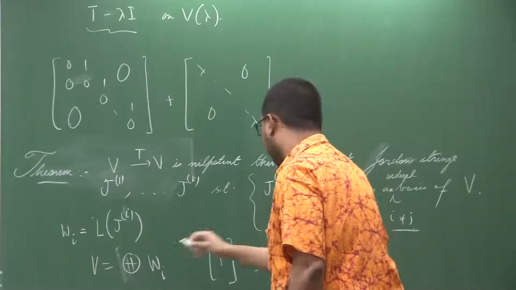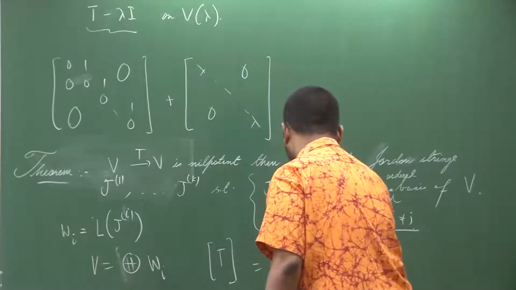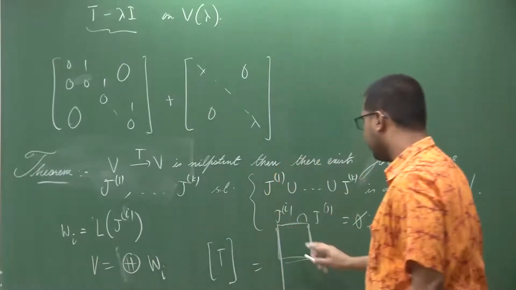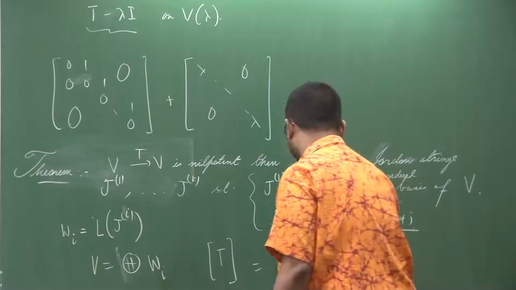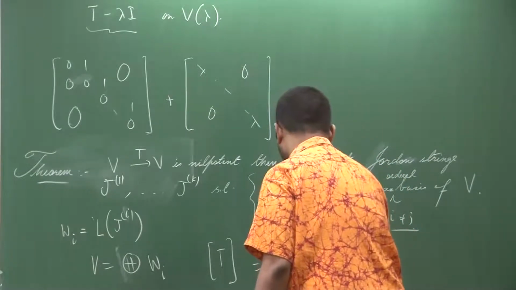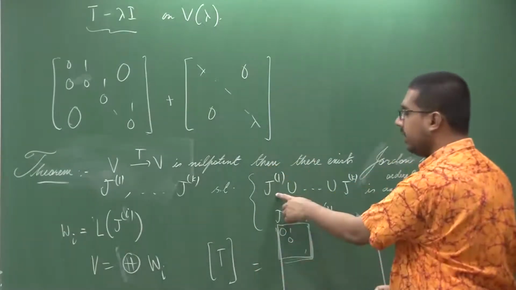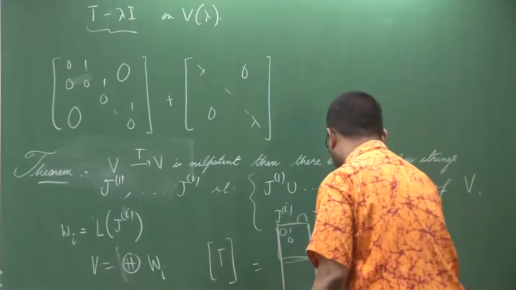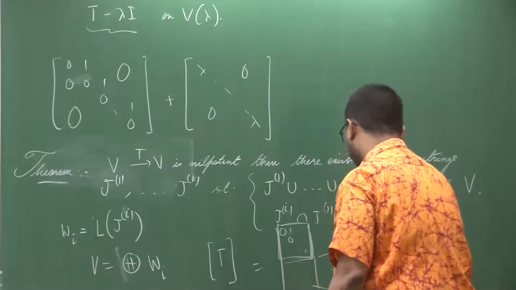It will be a block diagonal form. In the first block you will have a Jordan block of this form, 0 0 0, and the length of this block is the same as the length of this Jordan string, and this goes on.